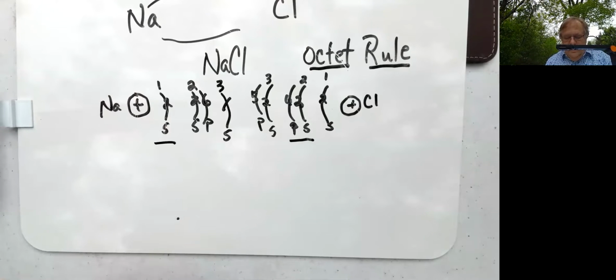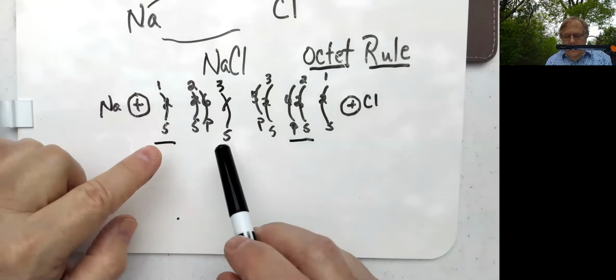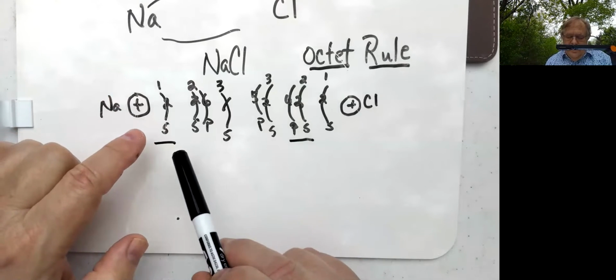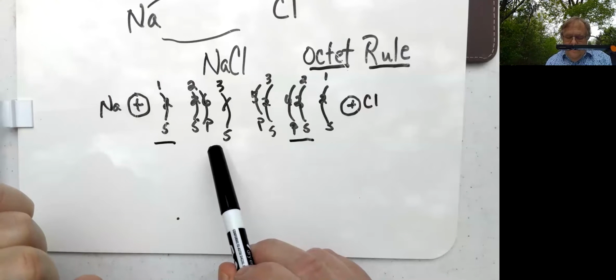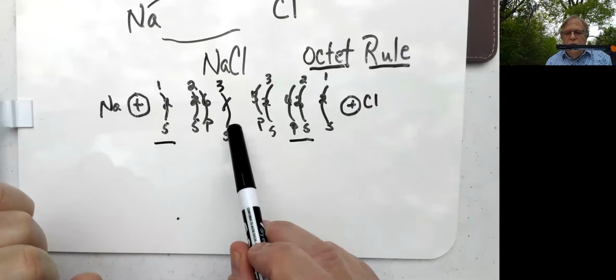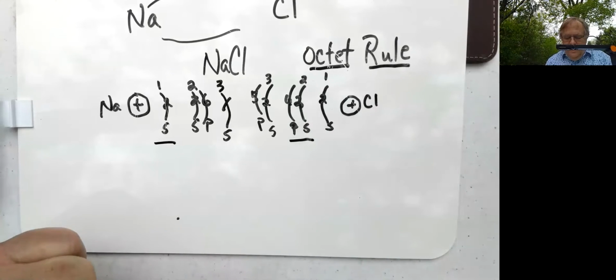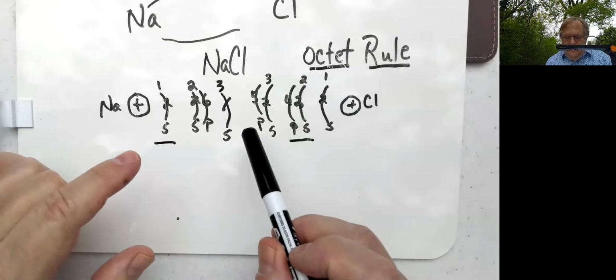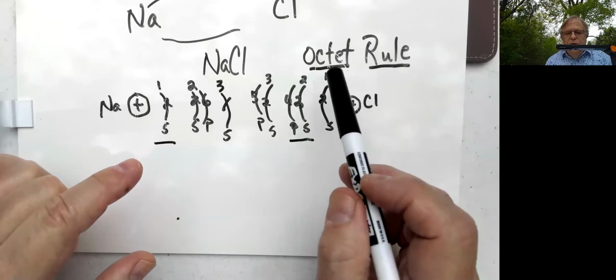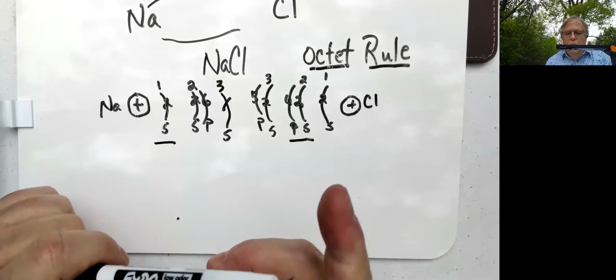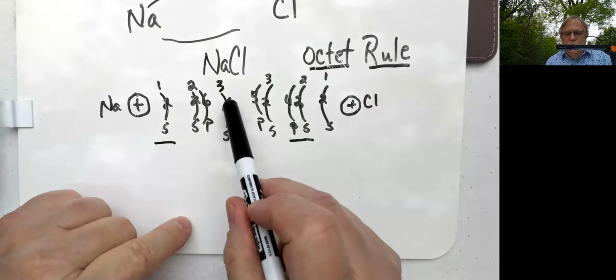So let's think logically here. This sodium atom has 1 electron in its outer shell. It wants 8 in its outer shell. So it has 2 choices. It can get 7 electrons from somewhere else, or it can lose that 1 electron.